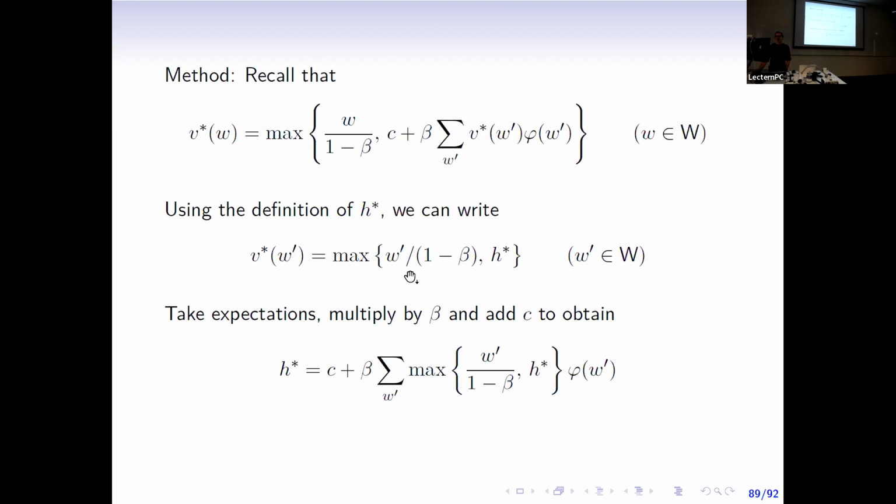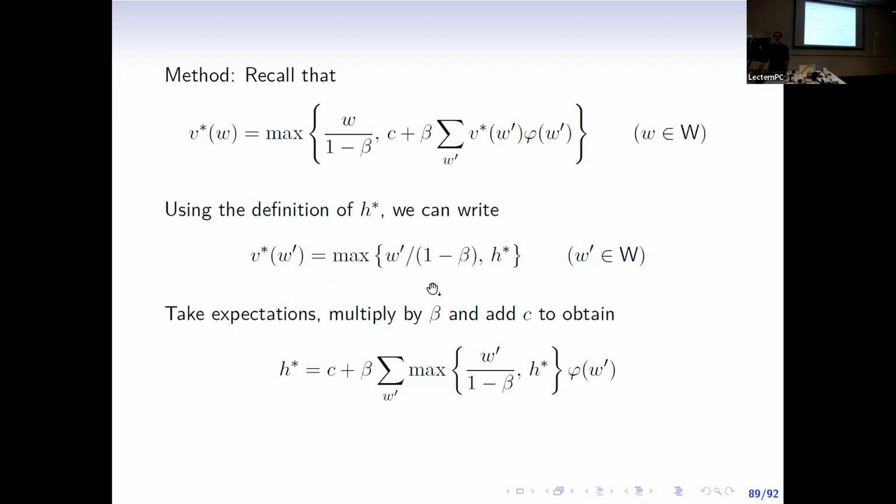And now what I'm going to do is take this and try to transform it into h star. So how would I transform that into h star? Well, I can multiply by the probabilities, and then I can sum it, and then I could multiply by beta, and then I could add c, and by the time I did all of these things here, I would change it into h star.